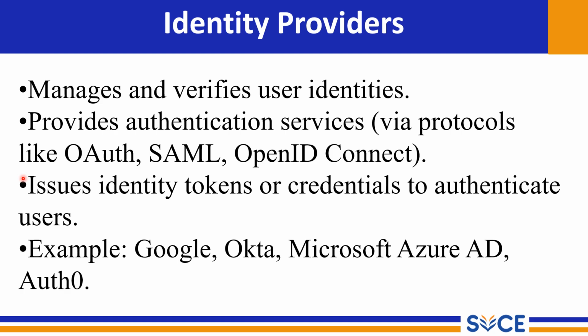And how does the identity provider accelerate identity governance? Identity governance is about ensuring that each identity in an organization has the appropriate level of access necessary to perform its function.